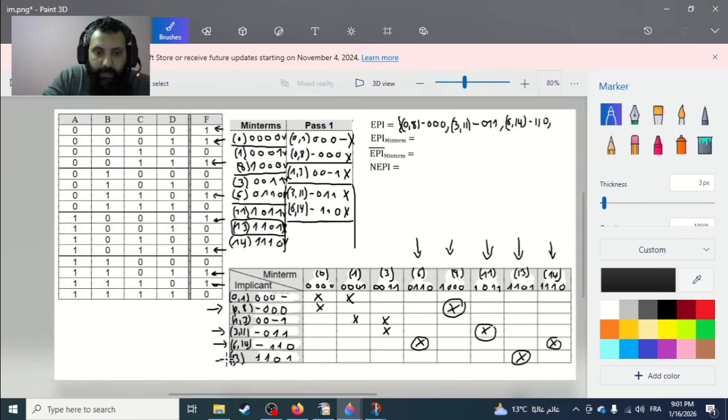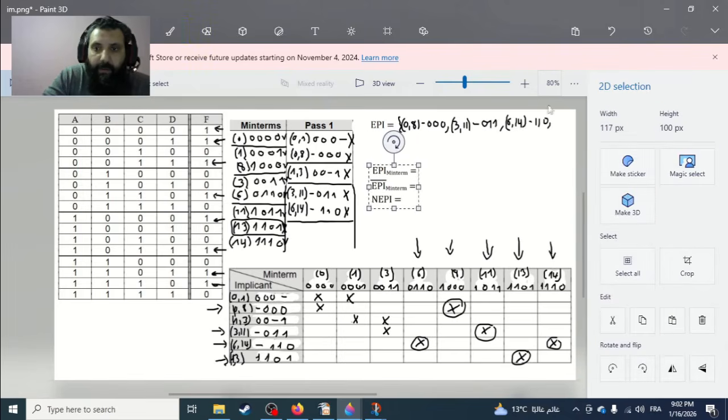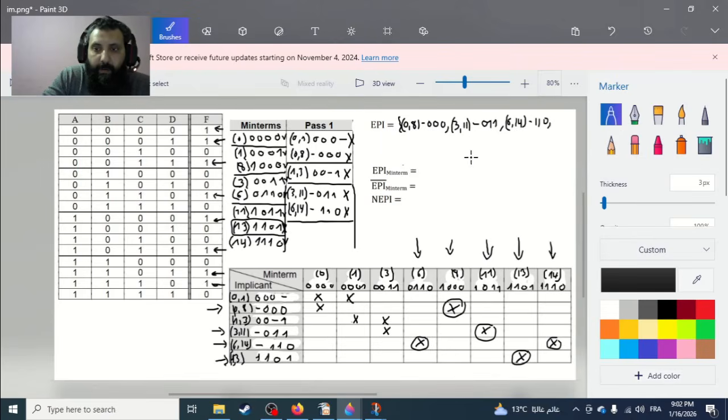And the last one you can see is this one, 13. I have to make some space. This is 13, sorry, it's 13, which is 1101.